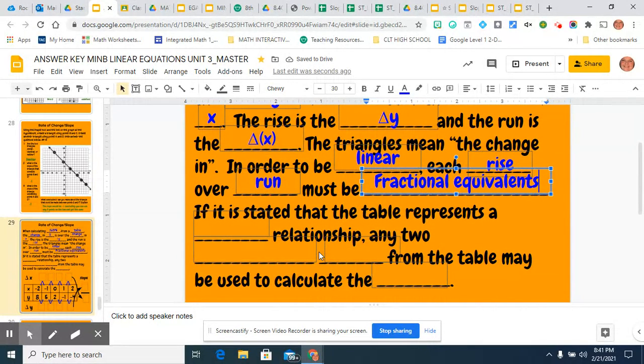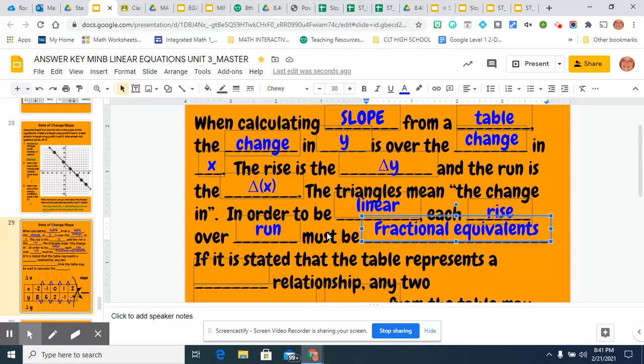When we were looking at a graph, it was pretty clear if something was linear because the graph was a straight line. When you look at a table, it may not be as immediately noticeable if the relationship is linear. So we would have to look at each rise over run, or each change in y over change in x. Those words are interchangeable. And they must be equivalent fractions. They all must simplify to be the same fraction in order to be considered linear.